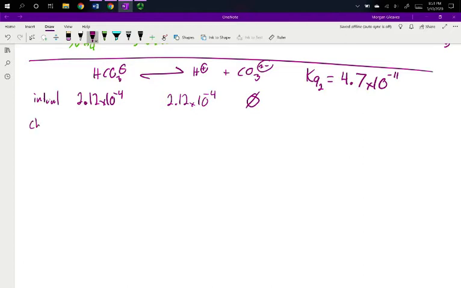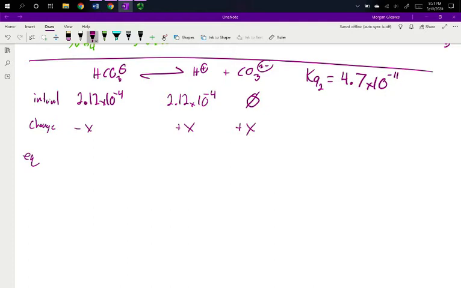There's going to be a change. Well, I don't have any carbonate. So again, if I'm missing one of my products, I cannot do the reverse reaction. There's none of it to react. So my only option is to lose bicarbonate and gain H+ and gain carbonate. I'm going to reach equilibrium. Well, again, Ka is even more tiny than before.